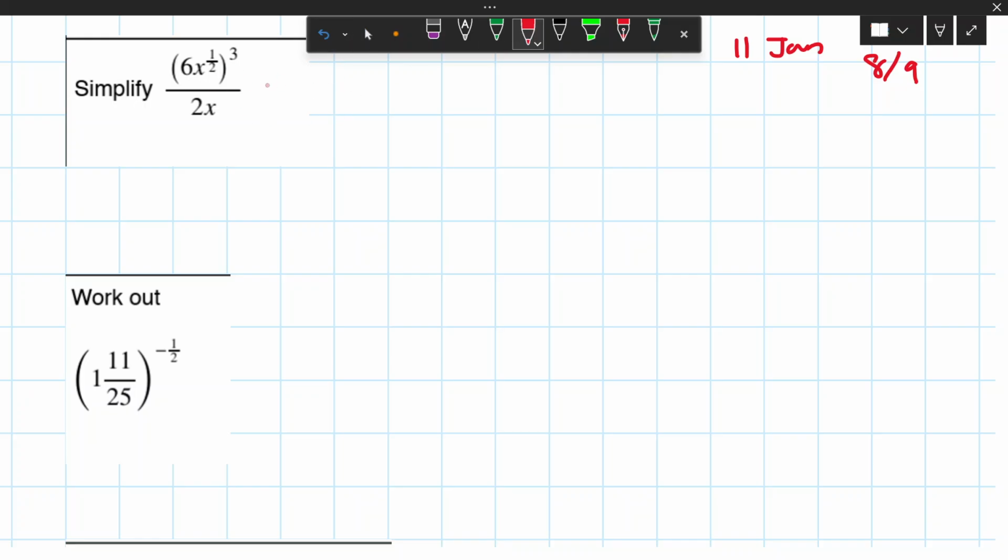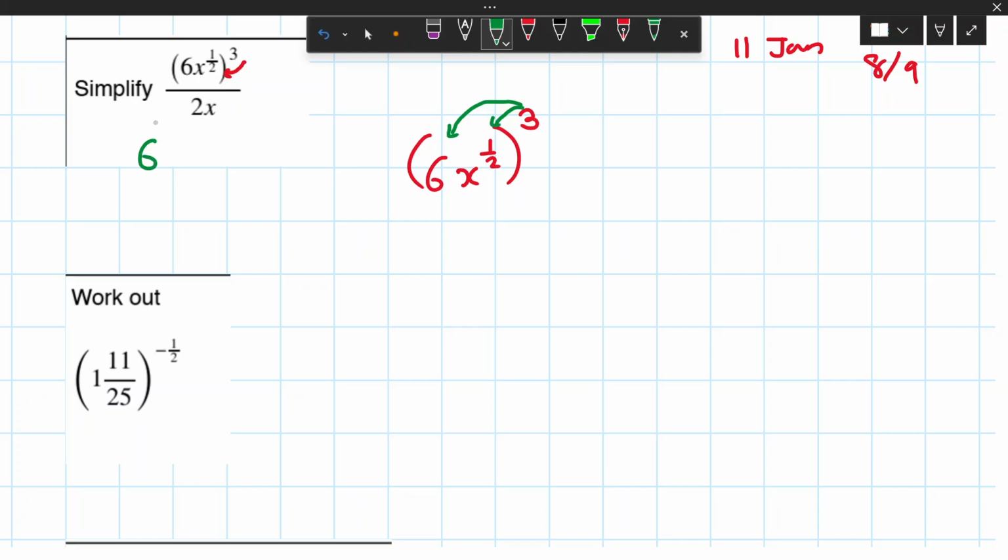The first thing that is screaming at you is to sort out the numerator, the brackets. So we have 6x to the power of a half, and this is being cubed. Obviously we're going to have to distribute that power onto the first part and also to the second part.